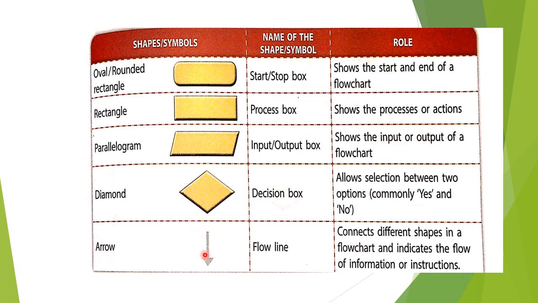And arrows are the flow lines, you have already covered this, isn't it? So oval or rounded rectangle is start and stop, rectangle is for process, parallelogram is input and output, diamond is decision, and arrows are used to connect these geometrical shapes. Clear?